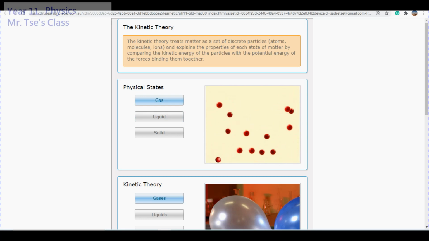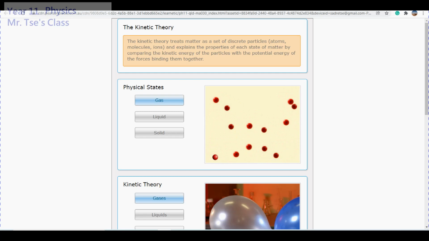You see particles are moving much faster, and there are no definite separations between them. The separation is much greater than in solid and liquid. In terms of motion, you can't tell which particle will move in a certain direction. They are moving randomly in all directions, and they keep moving. That means there are constant motions among themselves.